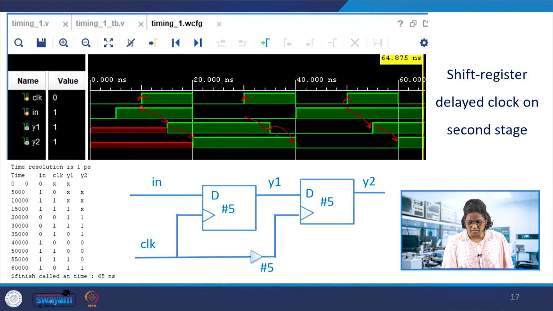Or we can look at this as a clock delayed by 5 time units. That means here is the delayed clock. Now look at this clock edge; this is a delayed clock.